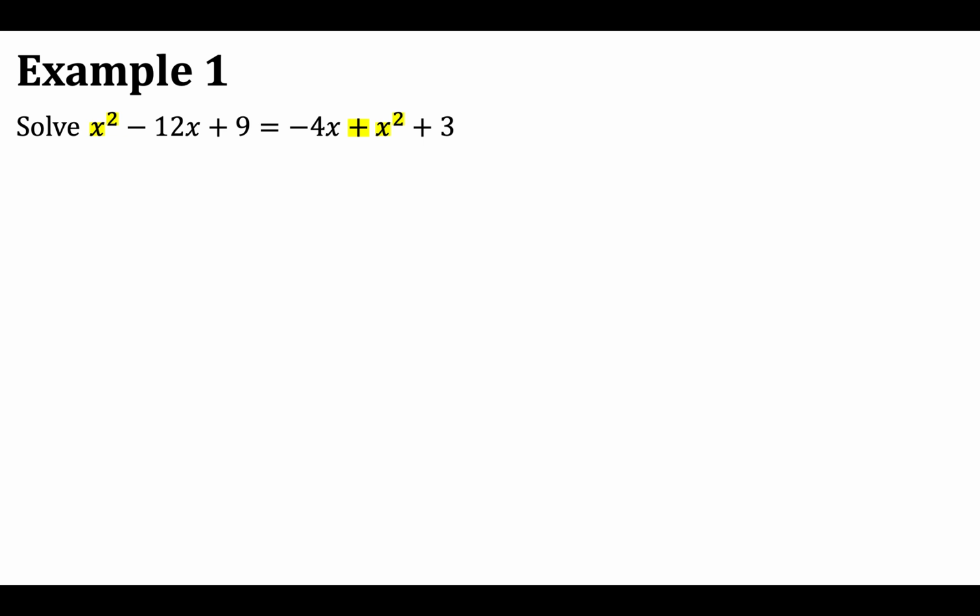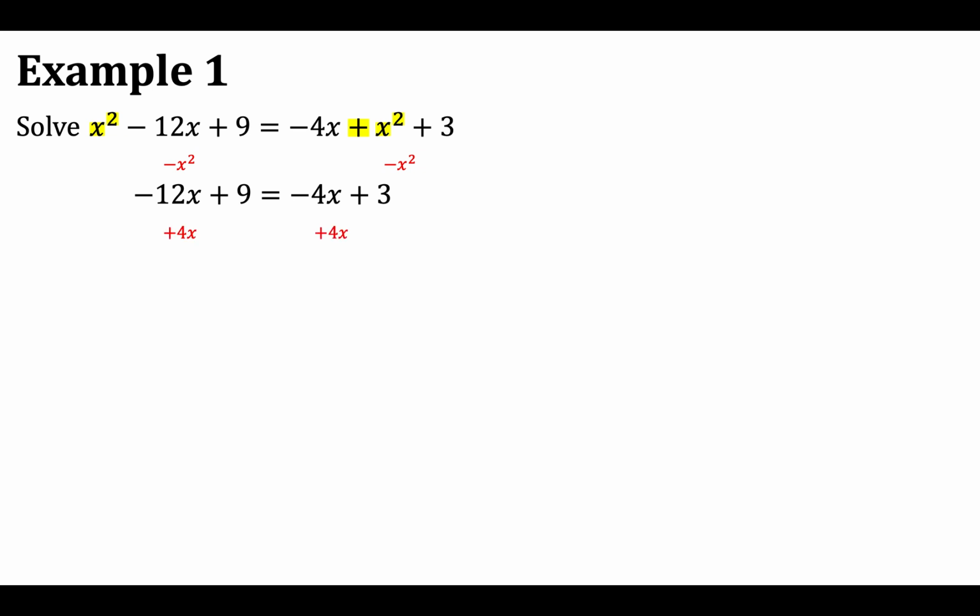Now, you'll notice on both sides that x squared term is positive. So actually, if we subtract that from both sides, we are left with negative 12x plus 9 equals negative 4x plus 3. So you can instantly see then that the square term has disappeared in essence.